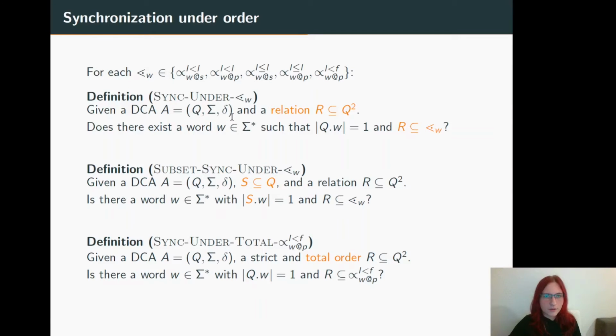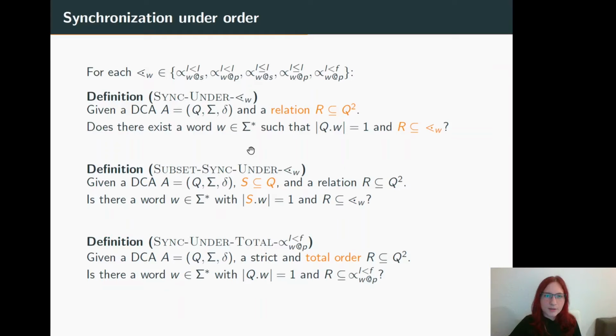We are not considering initial or final states, since we're only interested in synchronizing this automaton. And we combine this input automaton with a binary relation on the state set. And we ask whether there exists a word that synchronizes the automaton, meaning that it maps all states to one single state, such that the input relation R agrees with the order implied by the synchronizing word W.